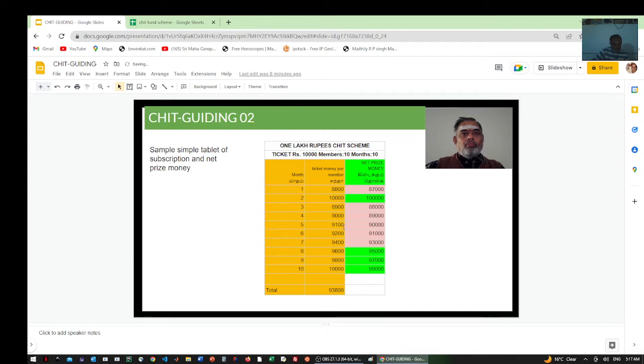Third month 8,900 rupees and like this. And last month, 10th month, it is 10,000 rupees and the net prize money is tabled here.